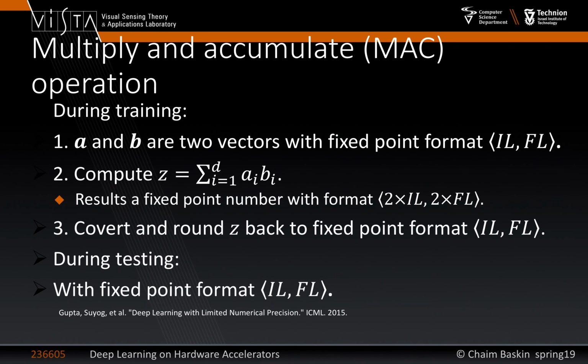Great. So let's see how the MAC operation works during training. A and B are two vectors with fixed point format, as we defined before. We compute some z, which is the sum of a_i b_i, and the result is a fixed point number with this format. So we convert and round z to the fixed point format as we worked before, and then we use backprop on the relaxation.